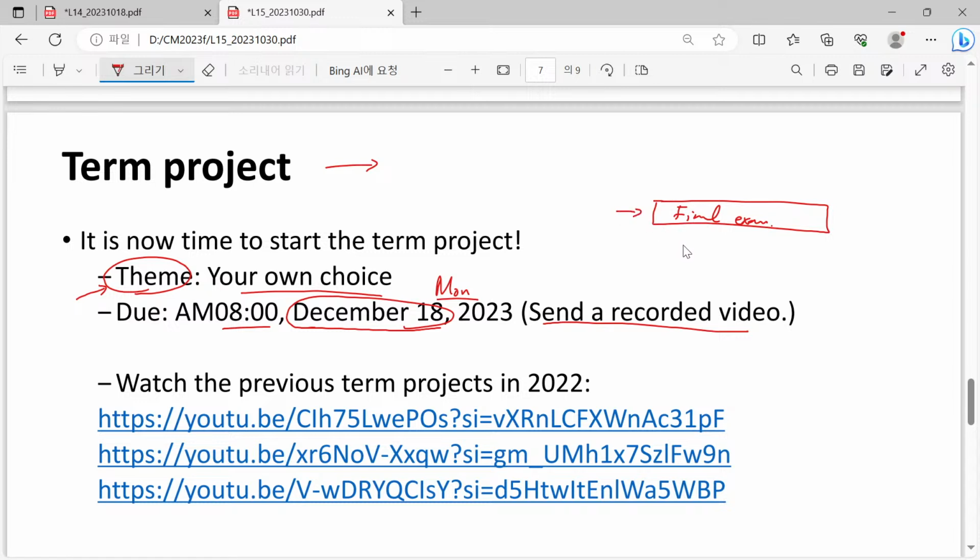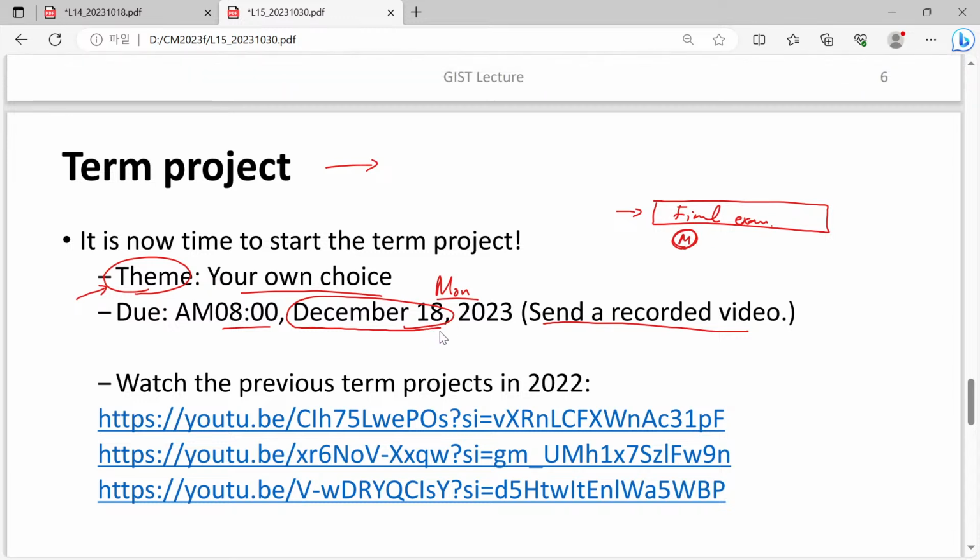So instead, after your final exam is over, the next Monday is set as your due date. Your due date is not extended at all. So although it may not be perfectly prepared, please keep the due date. No late submission will be accepted, and if you fail to submit a recorded video, then that will significantly degrade your final grade. Okay, so please keep the due date.